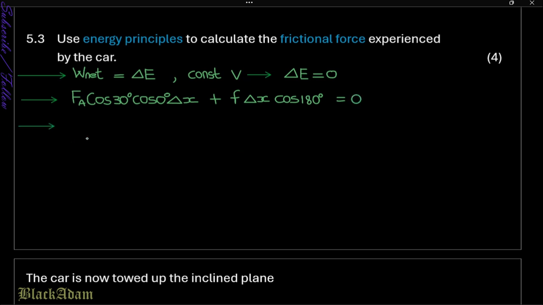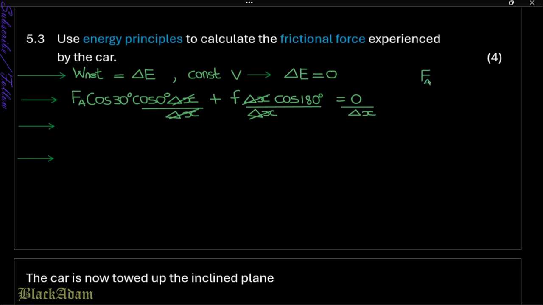So that's the work energy theorem. Now we divide by Δx on both sides, so the displacement cancels out, and we have 0 on the other side.